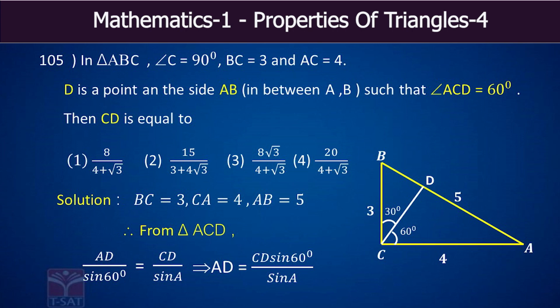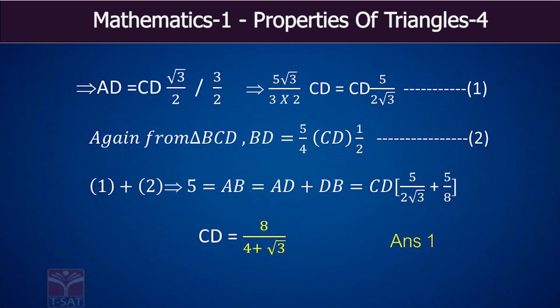From triangle ACD, AD by sin 60 degrees is equal to CD by sin A. That implies AD is equal to CD sin 60 by sin A, or AD is equal to CD into root 3 by 2 by 3 by 5, which is CD into 5 by 2 root 3, equation number 1.